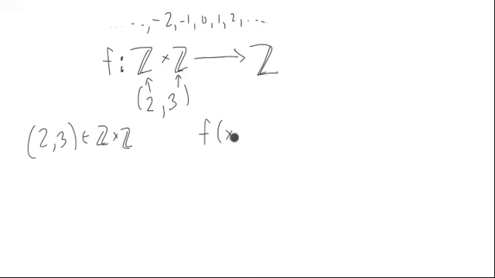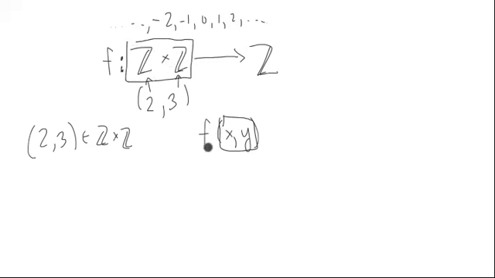We need f of (x, y). Why? Because we're inputting ordered pairs. So the input is an ordered pair, which has two things in it. So it's like a data structure going into the function. The data structure has two different things. But this is the set it's coming from. So (2, 3) is an element of this set.